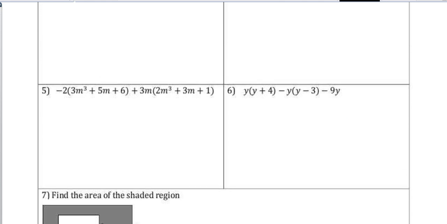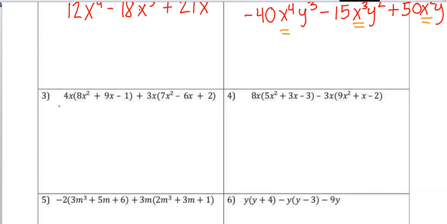Oops. Oh my goodness. Okay, so now let's do number 3. Number 3 does what we just talked about, and it also factors in what we did last class, the addition, or number 4, like the subtraction. So first what we need to do is multiply our 4x into everything.